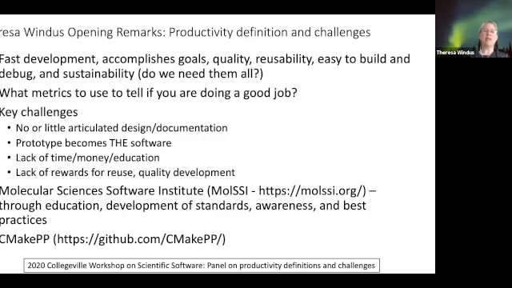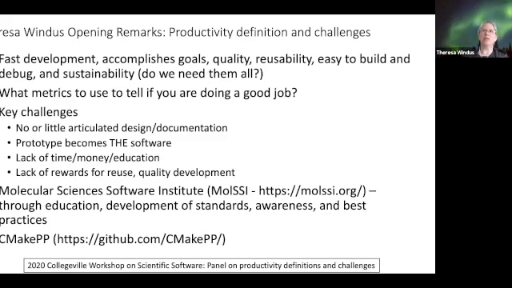And then sustainability has to do with the life cycle of the software. Do you want it to be sustainable? Maybe you do, maybe you don't. What does that mean? Well, refer back to the previous Collegeville workshop for all of that. But all of these elements, I think, in one way or another, impact what we think about productivity.